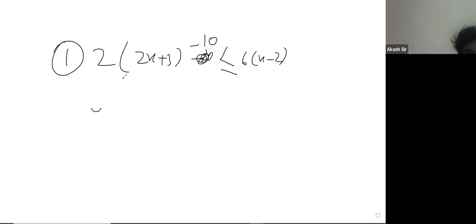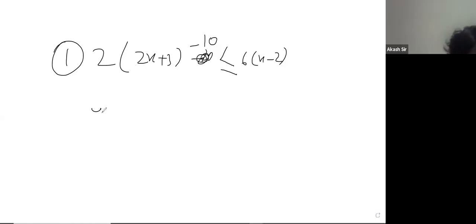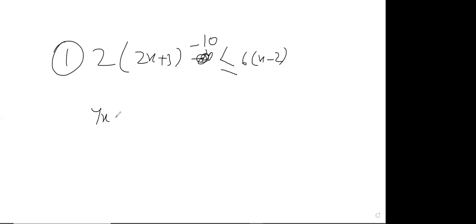Gautam, it's not substitute, it's distribution, right? Opening the brackets. Yes. So tell me, what should I write? 4x plus 6 minus 10 less than or equal to 6x minus 12.